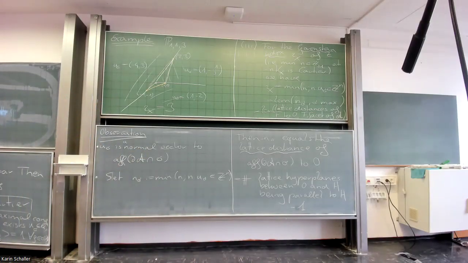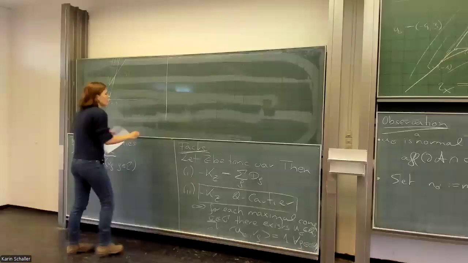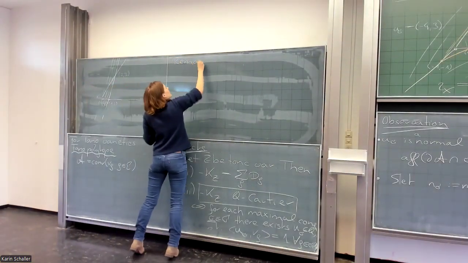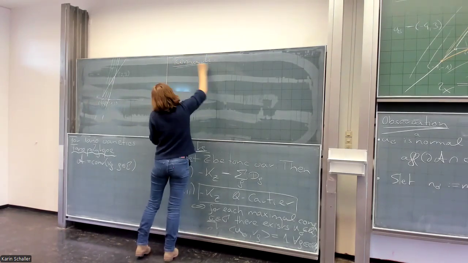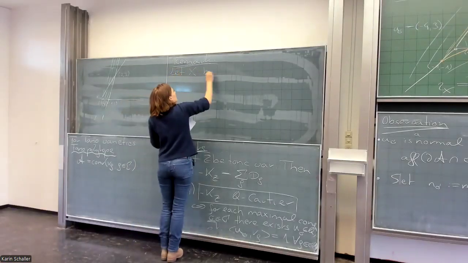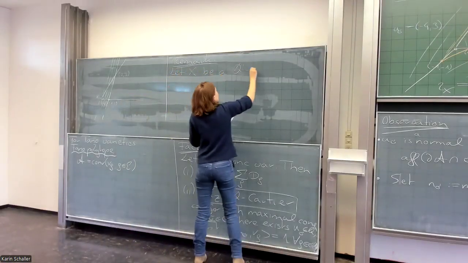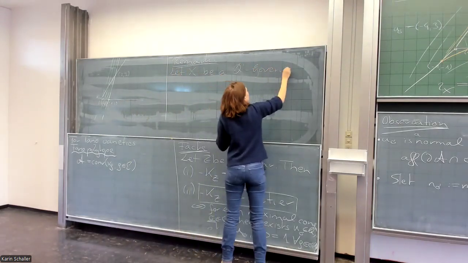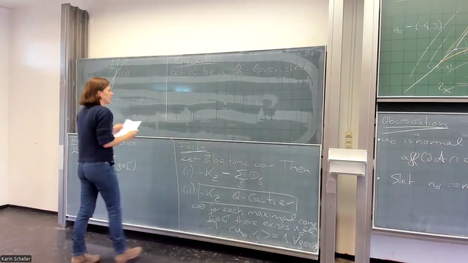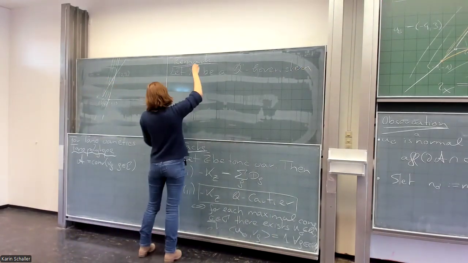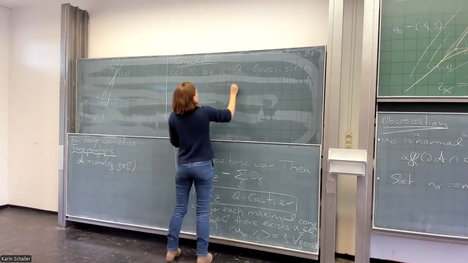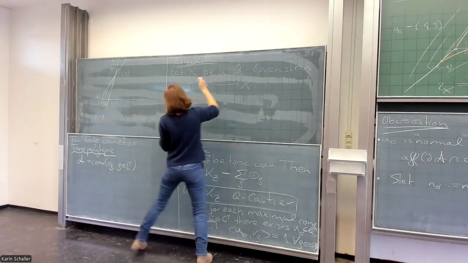So let's remind ourselves, or make a new remark about what discrepancies actually are. Let X be a Q-Gorenstein variety. Q-Gorenstein means the canonical class is Q-Cartier, and we have a proper birational morphism.